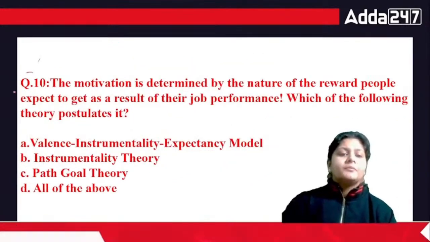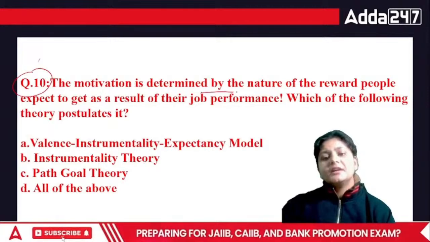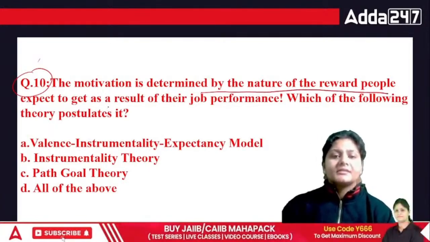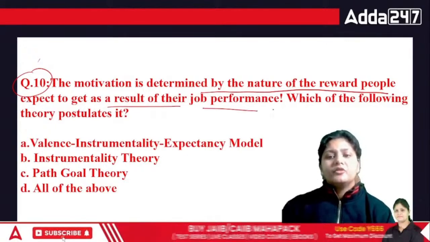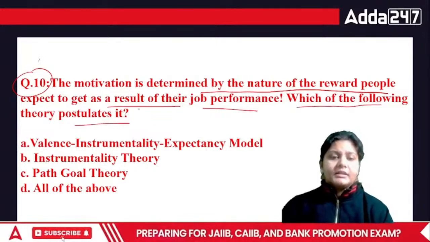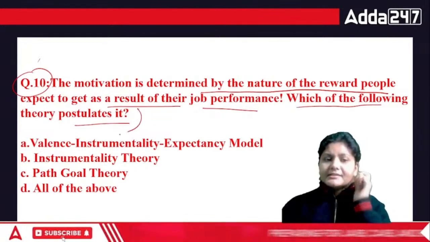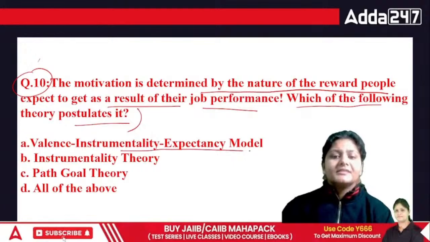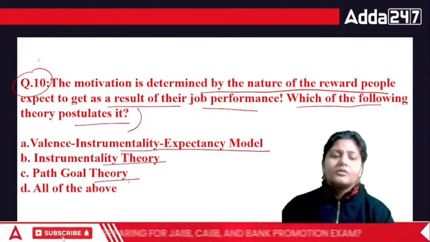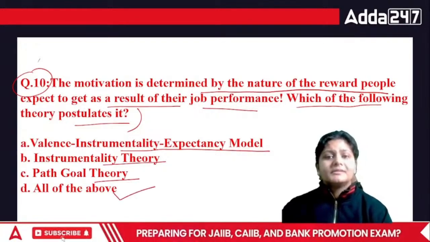Okay. Question number 10: motivation is determined by the nature of the reward people expect to get as a result of their job performance. Which of the following theories postulates it? Balance, instrumentality and expectancy model, instrumentality theory, path goal theory or all of the above. So of course all of the above is the right answer.